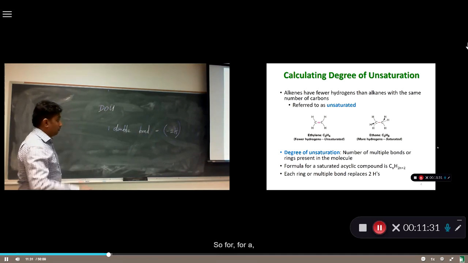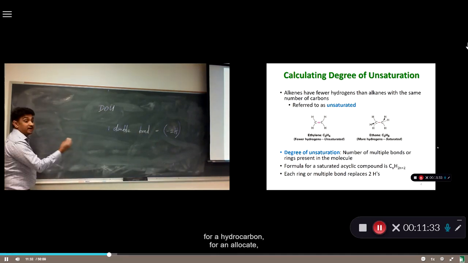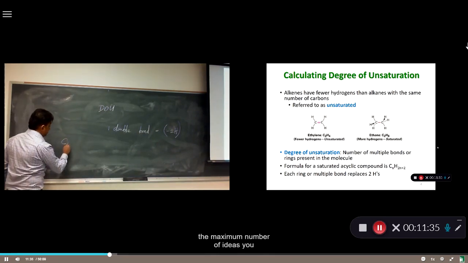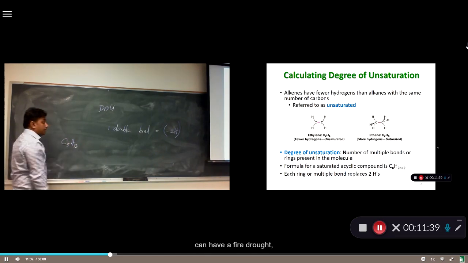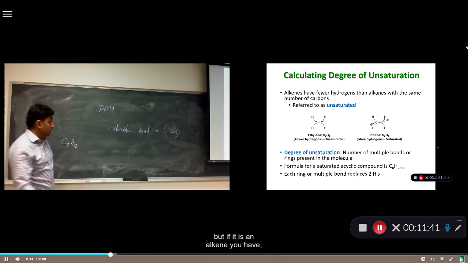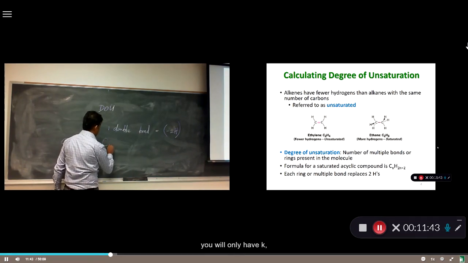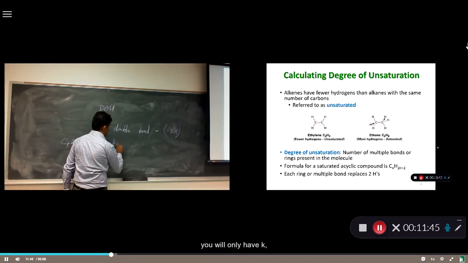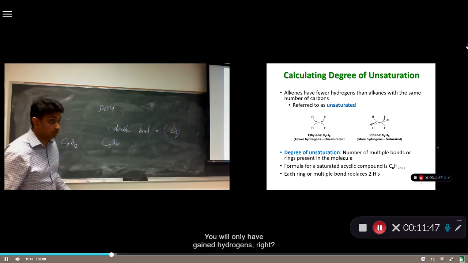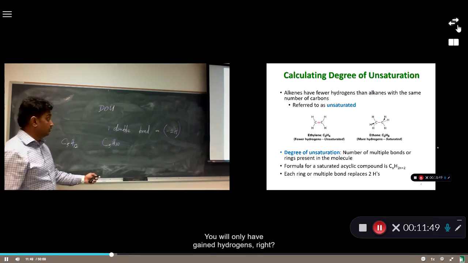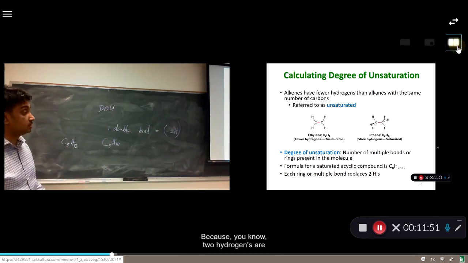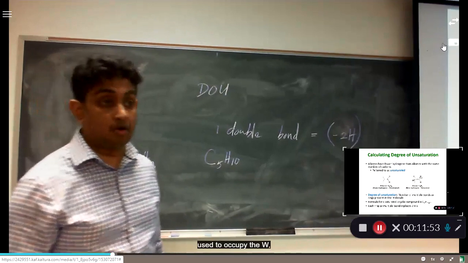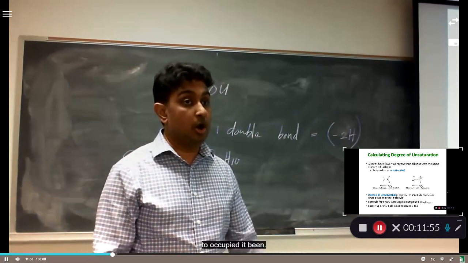For an alkane, the maximum number of hydrogens you can have for 5 carbons is 12. But if it is an alkene, you will only have 10 hydrogens, because 2 hydrogens are removed to occupy the double bond.